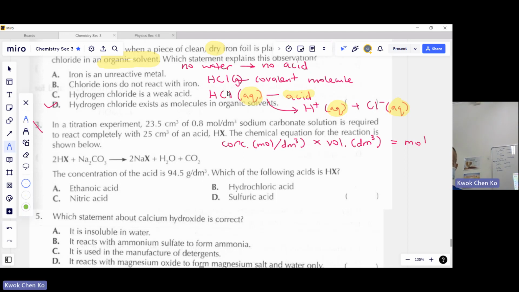So first thing first, what do I have? Immediately you should notice it's in cm cube, so please convert to dm cube. 0.0235 dm cube.